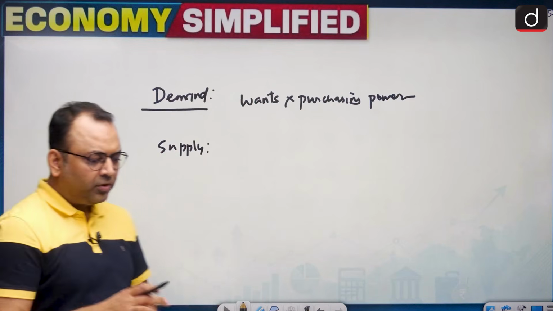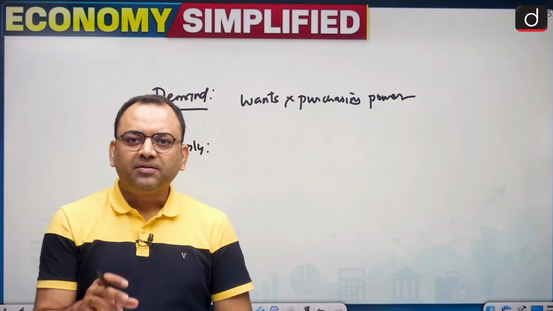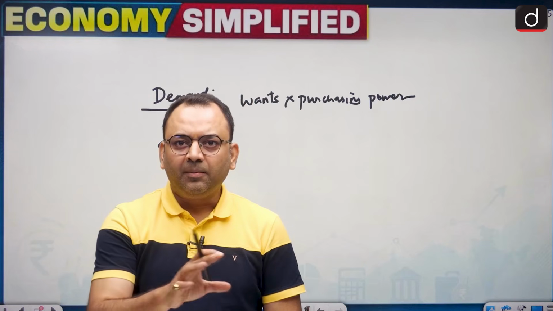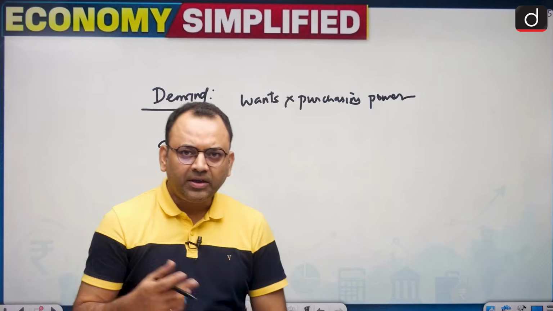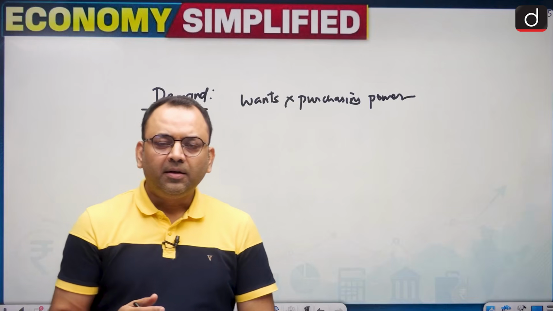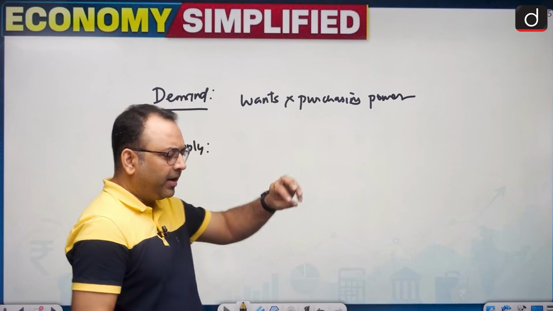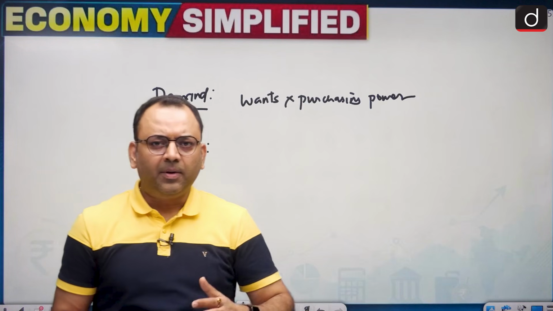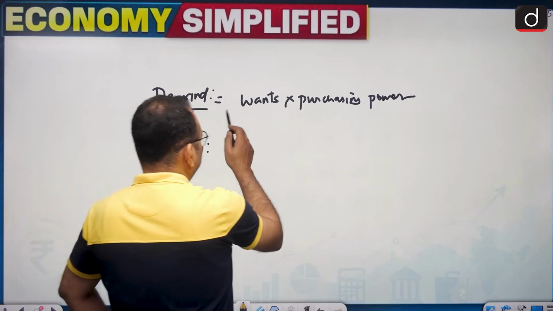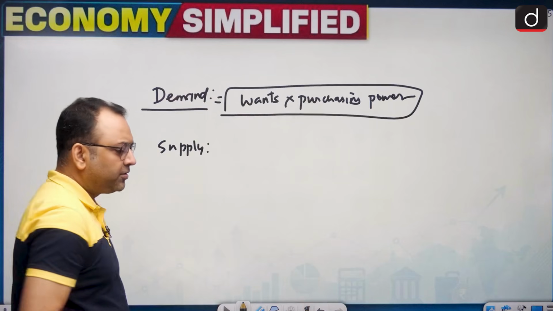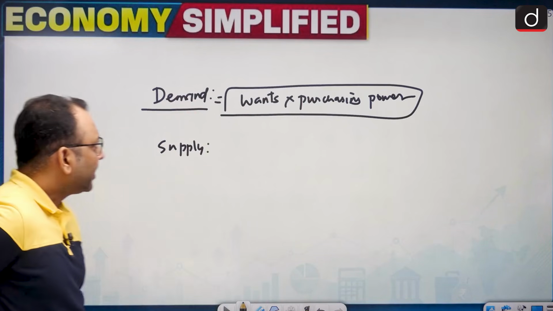Suppose you have the wants and the purchasing power, then a demand is measured, or say agreed, the demand has come. A person wants something but has no money, the demand is not created. A person has money but not any desire for the commodity, their demand is also not created. So demand is to be understood that a person's wants and its purchasing power is actually the demand.